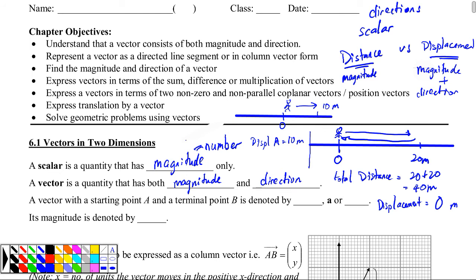But if I have another person, or rather the same person starting from the beginning, walks 5 meters here, can I say the displacement is 5? Let me put this as B. Let me zoom it in.